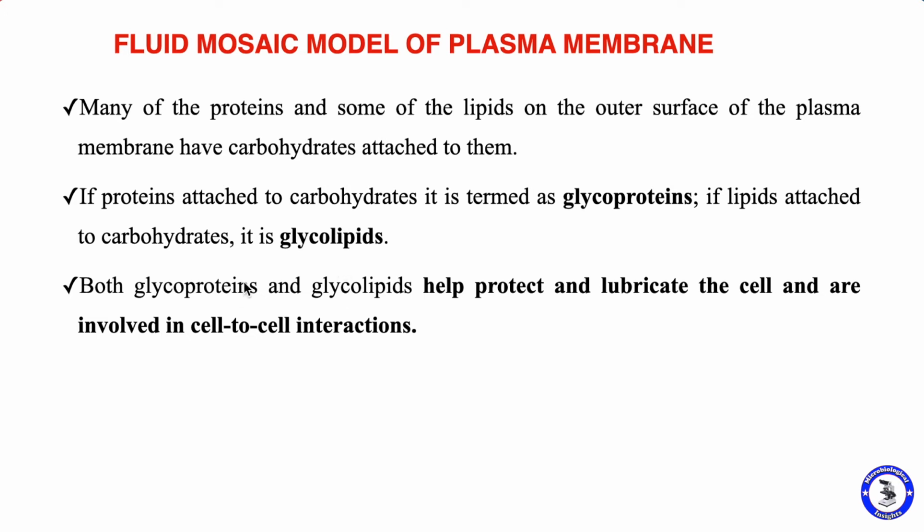These molecules help to protect and lubricate the cell. What is lubrication? It helps to move smoothly. It also helps in cell to cell interactions. So these are the functions of glycoproteins and glycolipids.